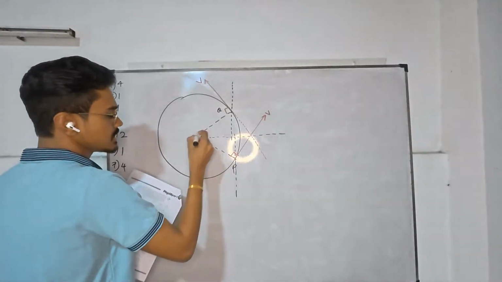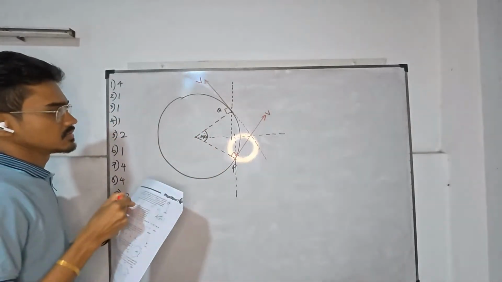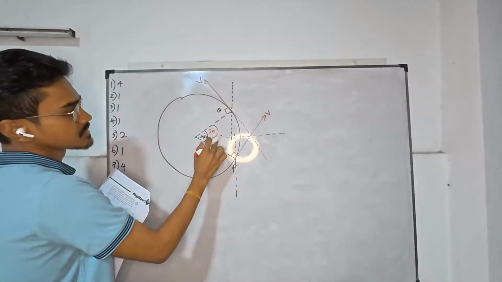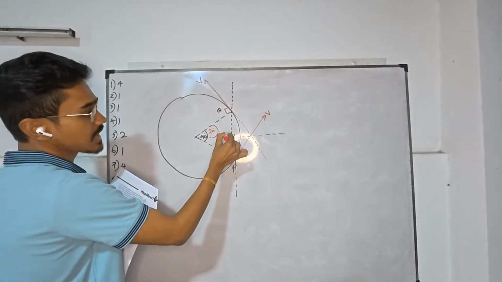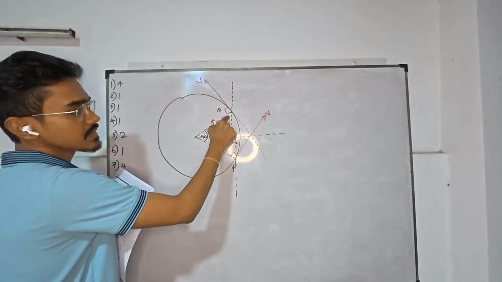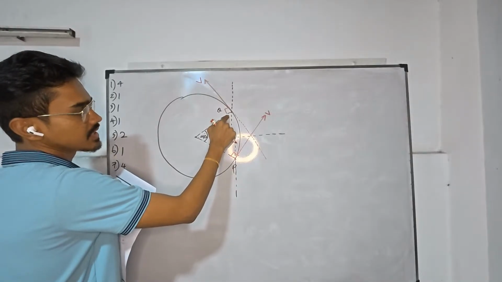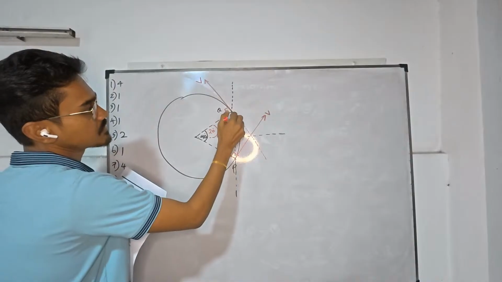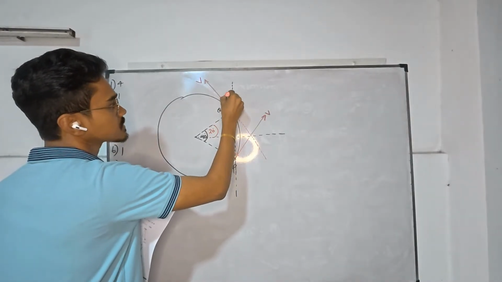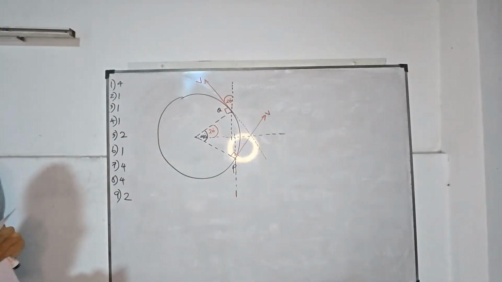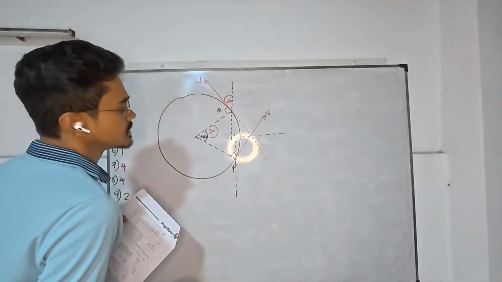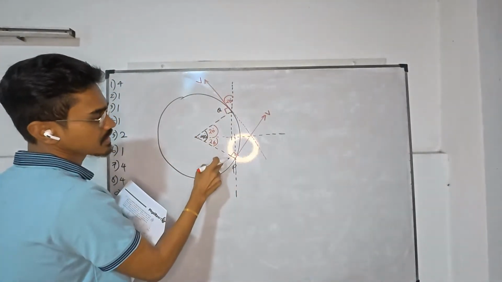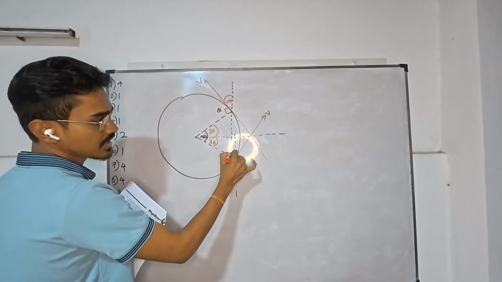If there is a bisector, this is 20. Very important, this is 20. If there is 20, and this is 90, this becomes 70. And this angle is again 20. Similarly, if this is 20, this is also 20 now. If there is 20, this angle is 70.